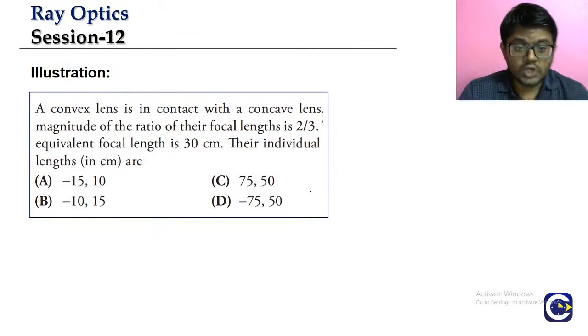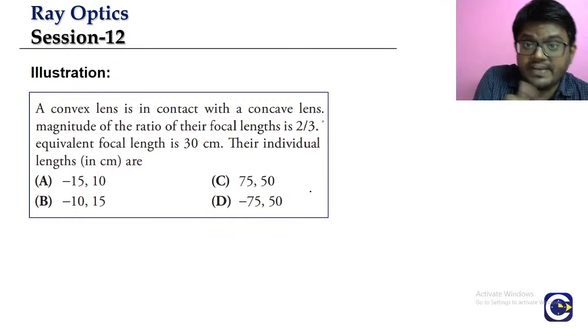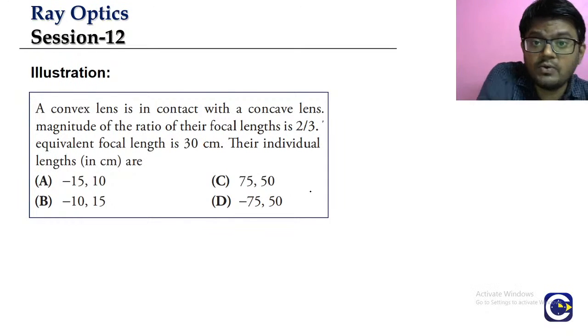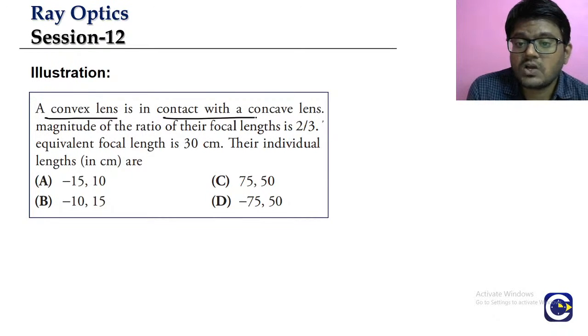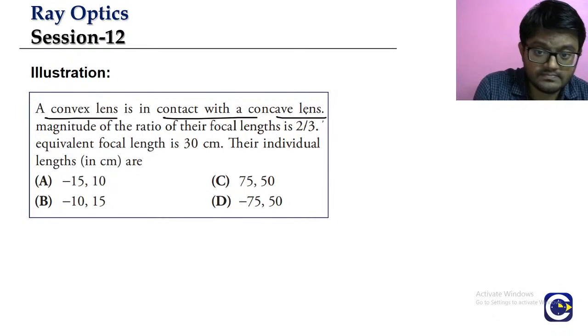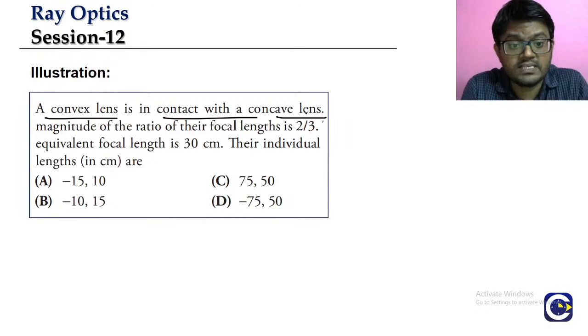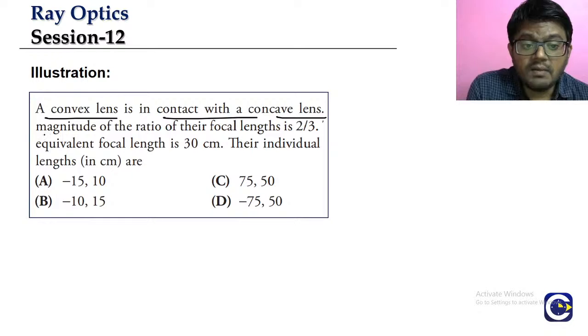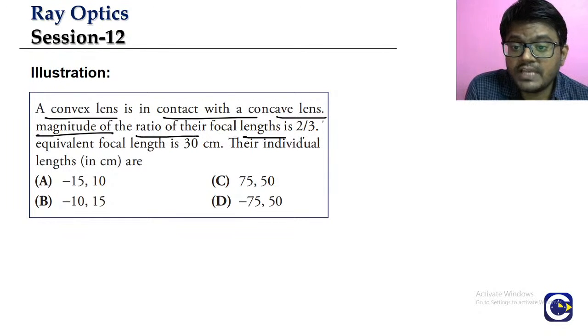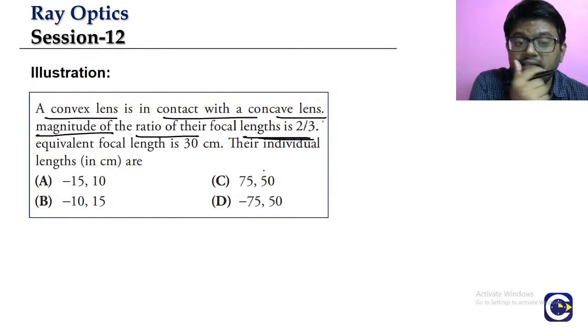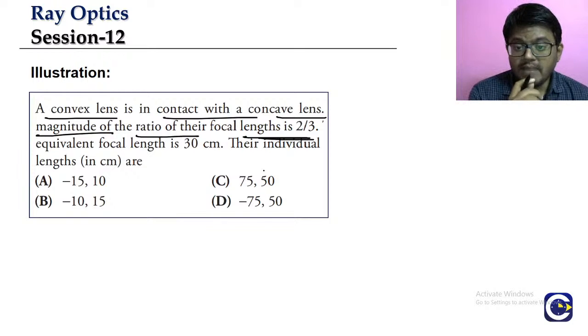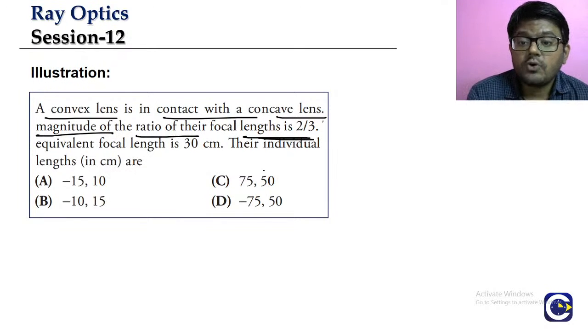Let us see who can solve this question. I'll just read the question and wait for some time for you guys to solve. Okay. A convex lens is in contact with a concave lens. Similar story. The magnitude of the ratio of their focal lengths is 2 by 3.